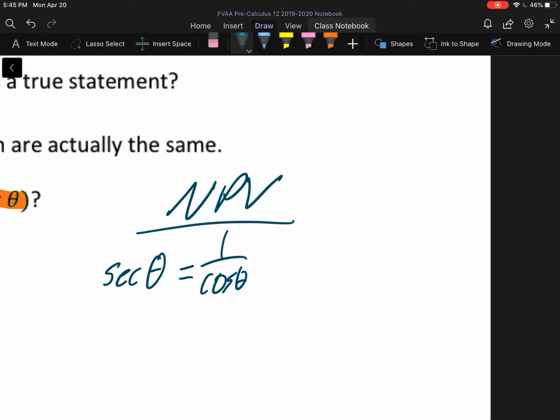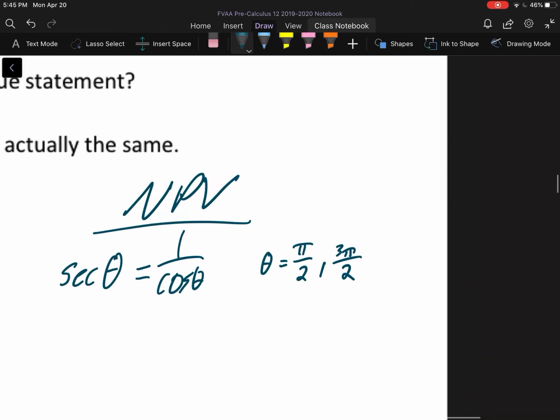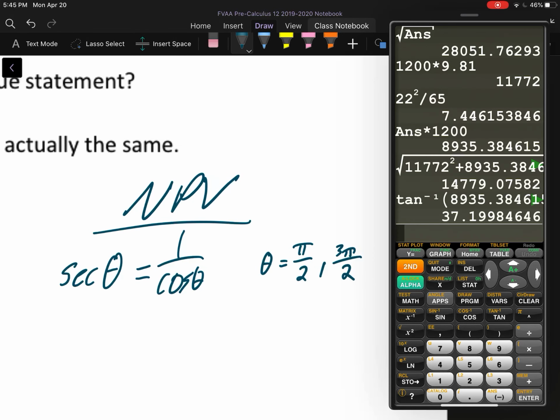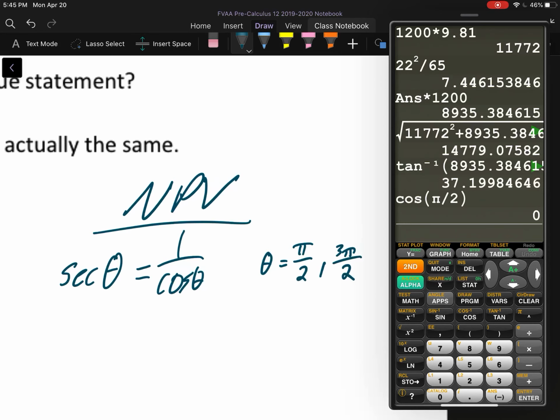We know that theta cannot equal pi over 2 and 3 pi over 2. Can't happen. Because if I make sure my calculator is in radian mode, and put cos of pi divided by 2 into here, I'm going to get 0, and that would give me undefined. Same thing with 3 pi over 2.